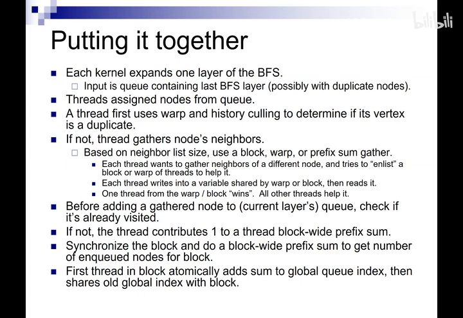That reserves 2,000 locations in the global queue for the neighbors of this thread block. Then it takes the old value of the queue size and returns that to the thread block, so now the thread block knows where to start writing in the queue.